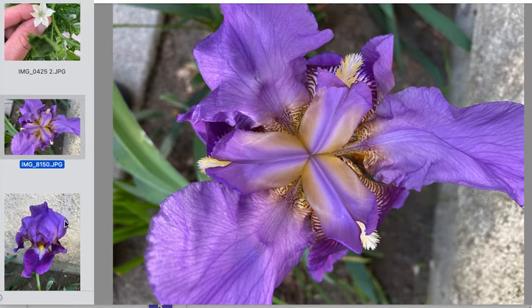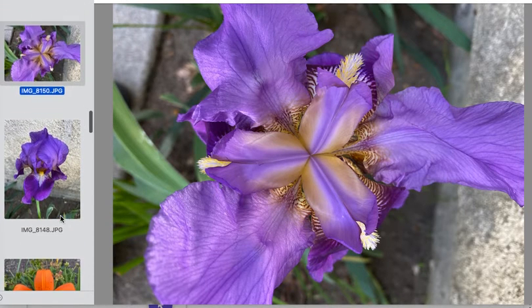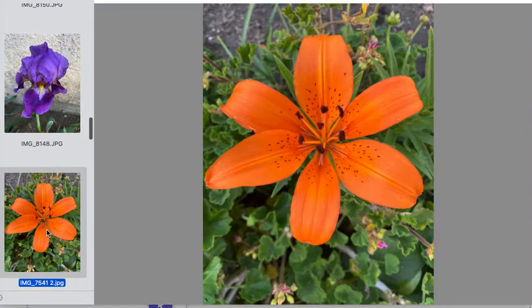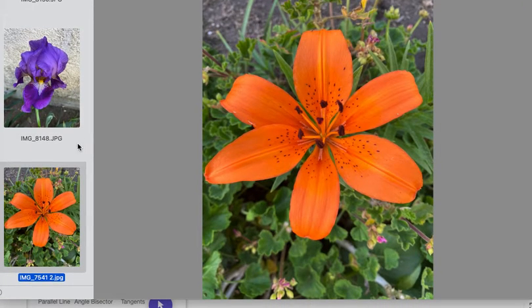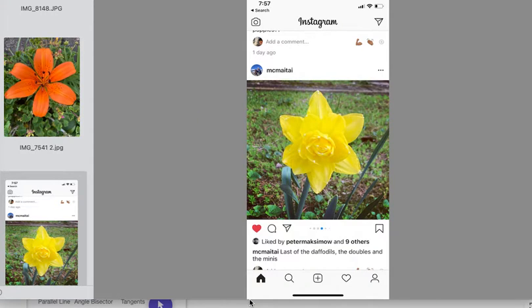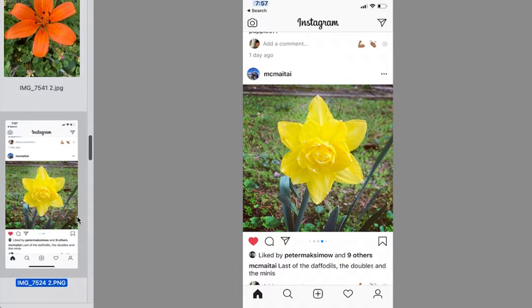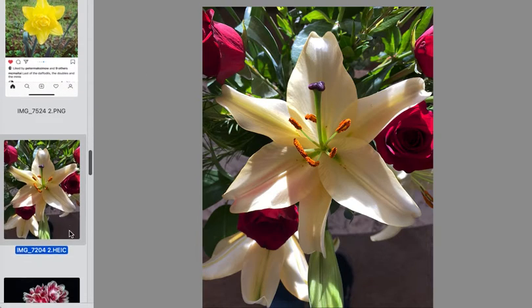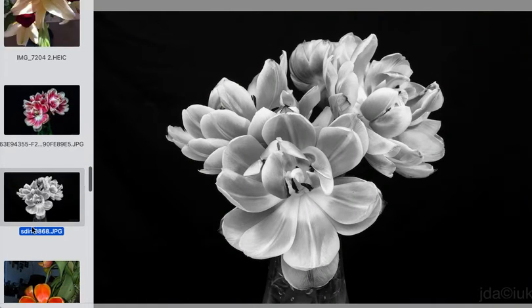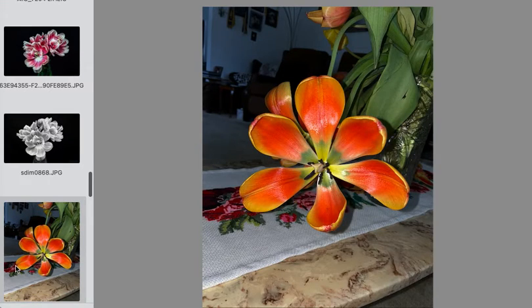And this also has 3 and 3, which makes 6, or you could consider it just a 3-sided star. Here's a tiger lily. There are 6 petals, a 6-sided star. This is another type of daffodil. And some more lilies. So tulips also, the outermost shape of the petals are 3 and 3. Here's a better example.